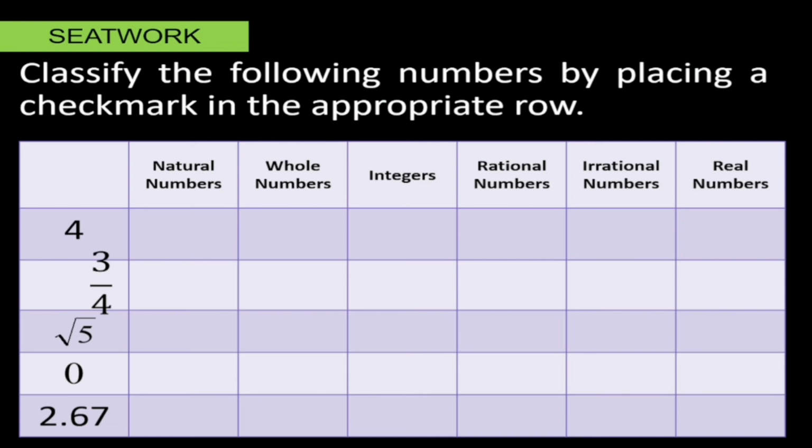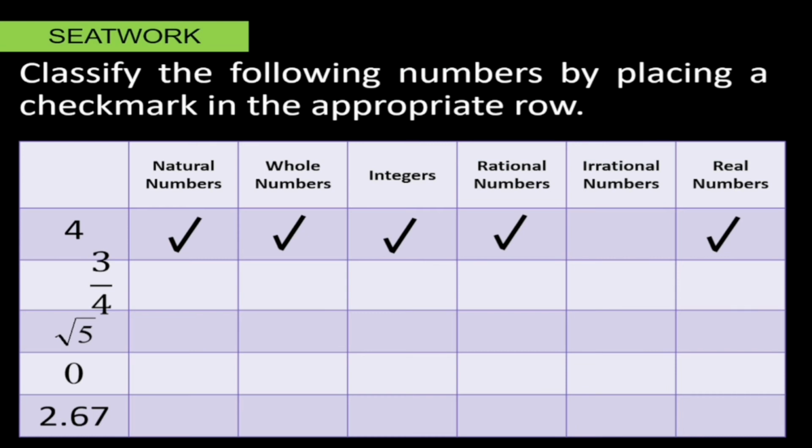For number 1, we have 4. If we are going to classify 4, it belongs to the natural numbers. It is also a whole number, an integer, a rational number, and a real number.